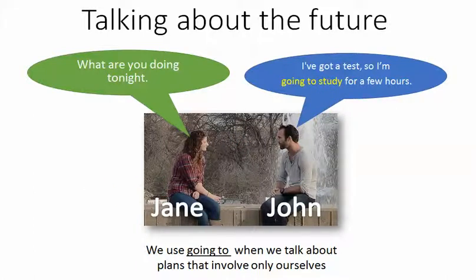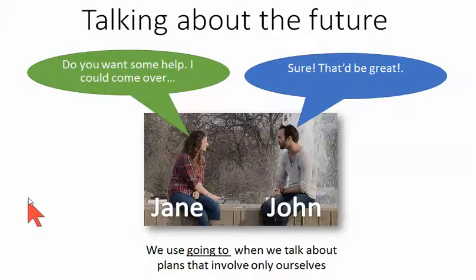If we look at the next one: "Do you want some help? I could come over." "Sure, that'd be great." So the going to is his plan. His plan is to study tonight, but when she suggests that she'd like to come over, well, that'd be great. So his plan has changed slightly.